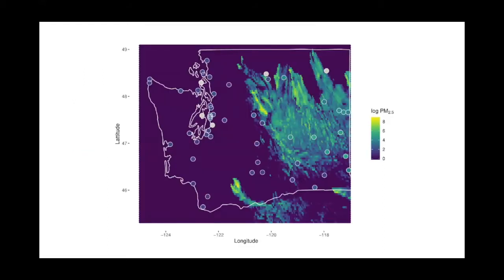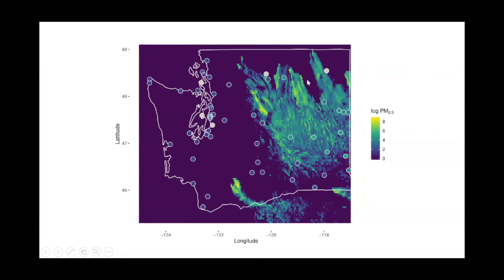Our motivating example here is this. This is the PM 2.5 concentration in a log scale in the state of Washington on August 22nd, 2015. So the background here is a model-based forecast. It's called a BlueSky model that forecasts every 24 hours.